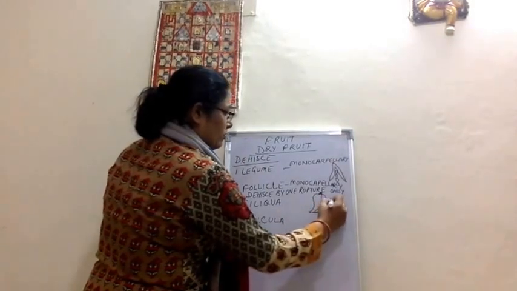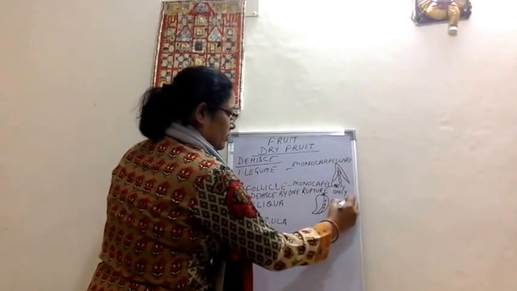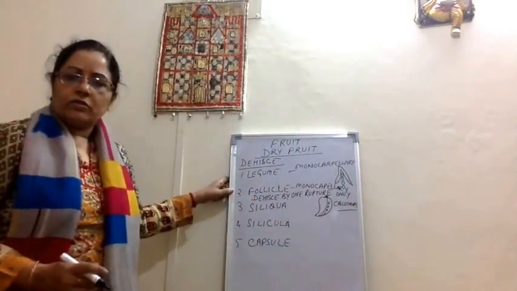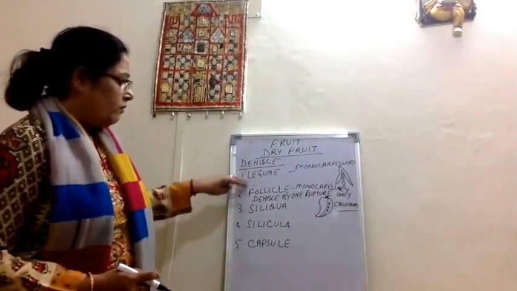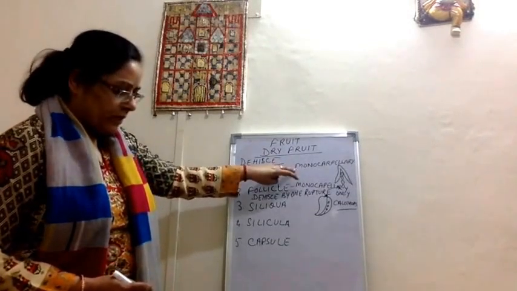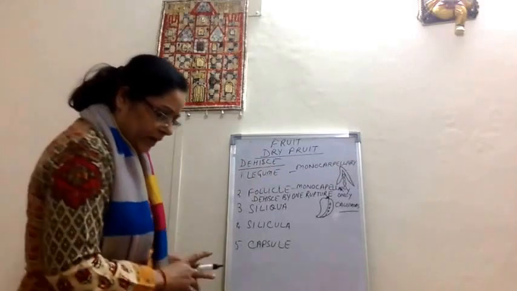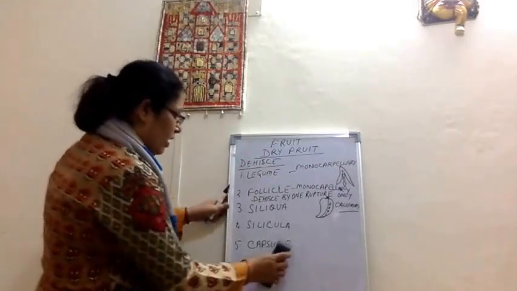Follicle, they are a monocarpellary condition that dehisces only by one rupture. And third is siliqua.